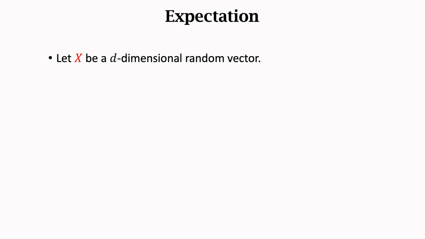The last application is the Monte Carlo estimate of expectation. It is particularly useful for statistics and machine learning. Define uppercase X to be a d-dimensional random variable. People typically use uppercase for random variable and lowercase for its observation.